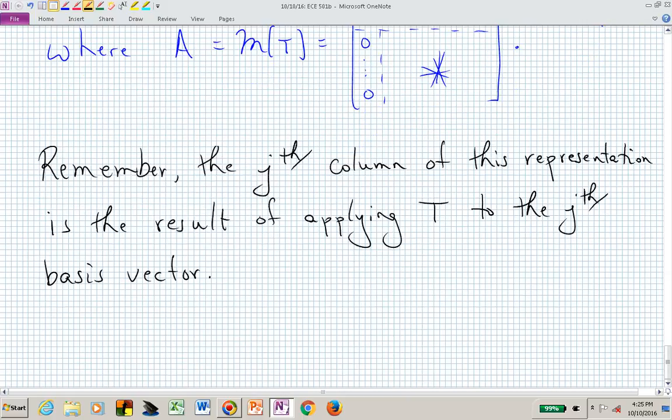And in our case, our first vector in our basis is in fact the eigenvector v.